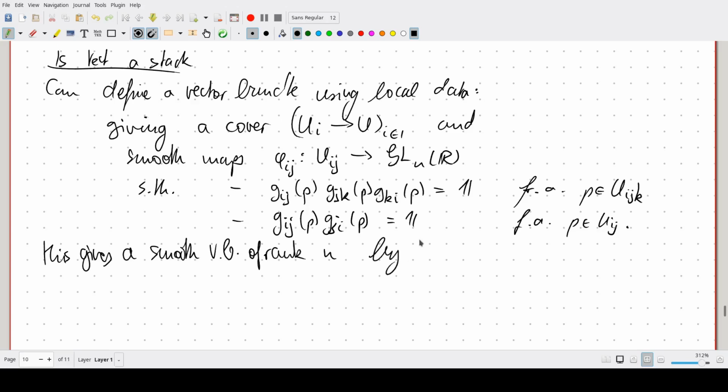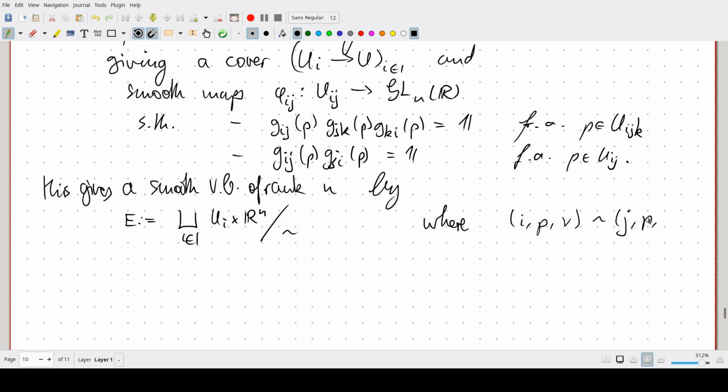by just defining our bundle E to be the disjoint union over all i in I of U_i times R^n modulo some equivalence relation, where for some index i, point p, and a vector v, that one is equivalent to another index j, the same point p, and then we have g_ji at the point p applied to v.